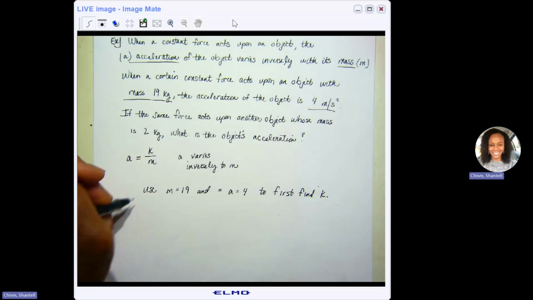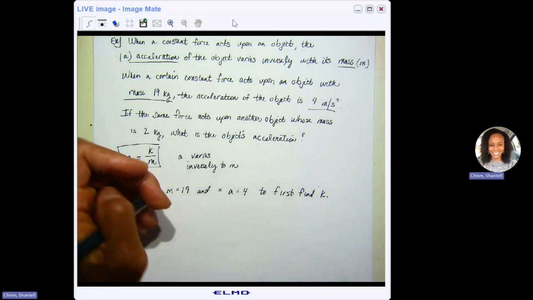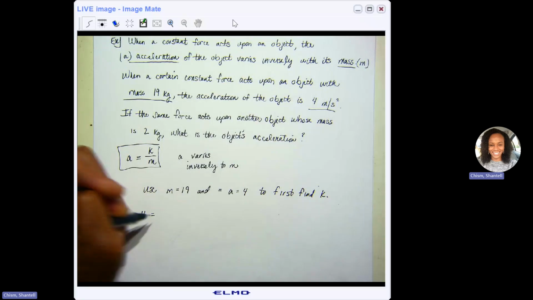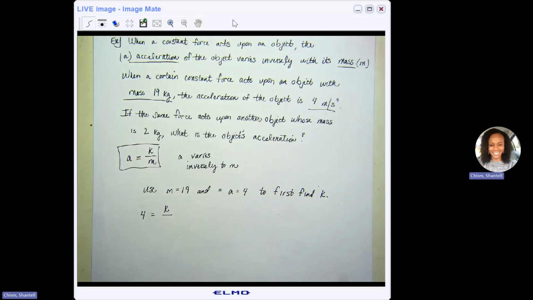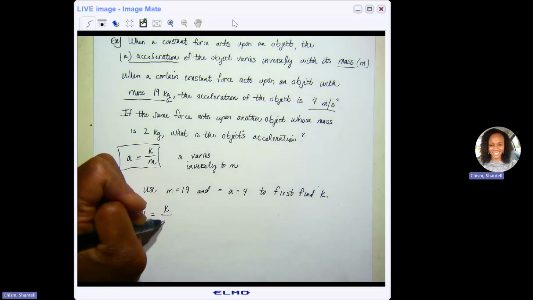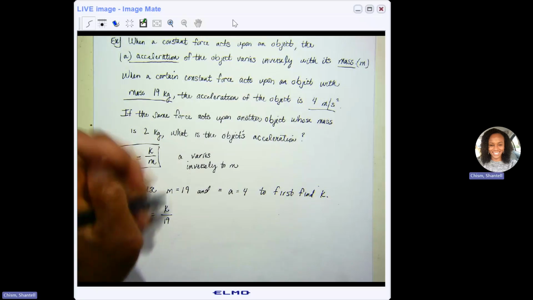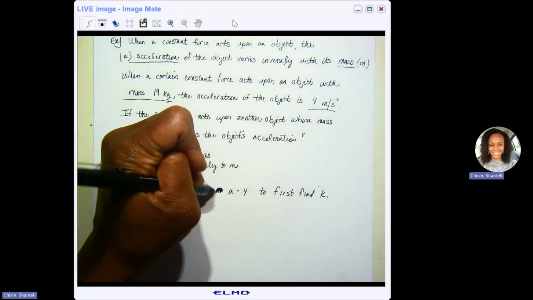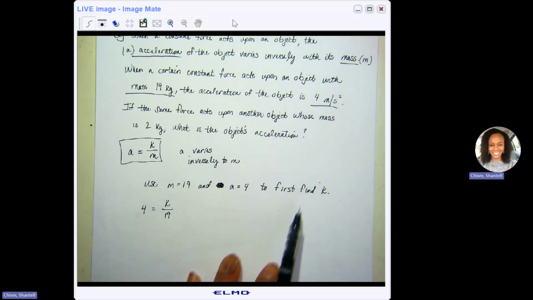Using this equation, we're going to have 4, because our acceleration is 4, K is our unknown constant that we're going to find, and then our mass is 19. I don't know why I put another equals there. That shouldn't have been there. Okay, so given m is 19 and a is 4, we're going to find k.